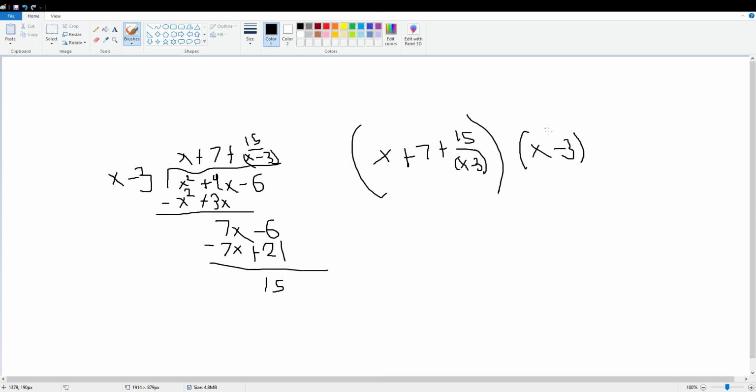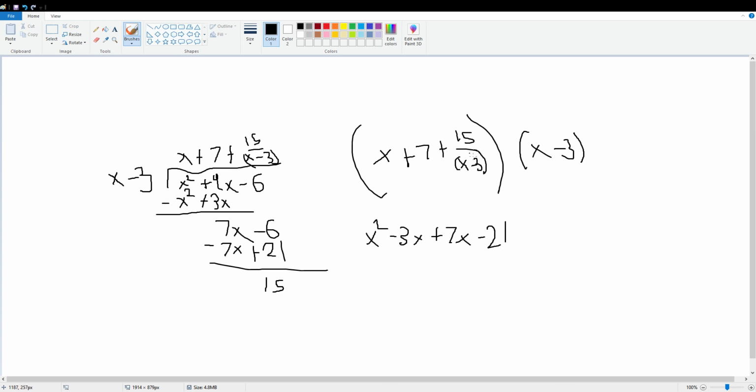So we could start with the first one. We have x times x minus 3, which is x squared. x times negative 3 is negative 3x. Now 7 times x is positive 7x. And 7 times negative 3 is minus 21.